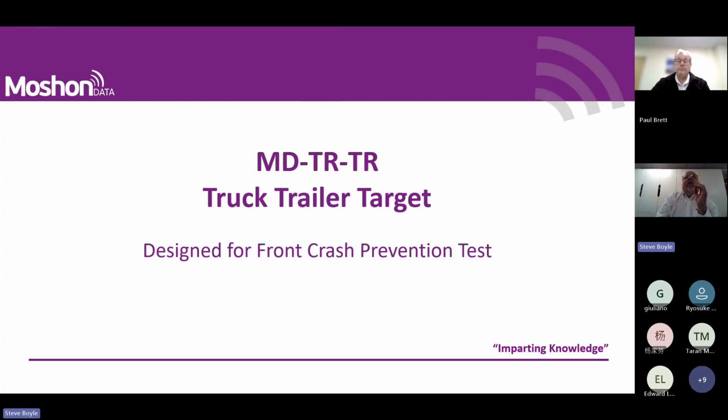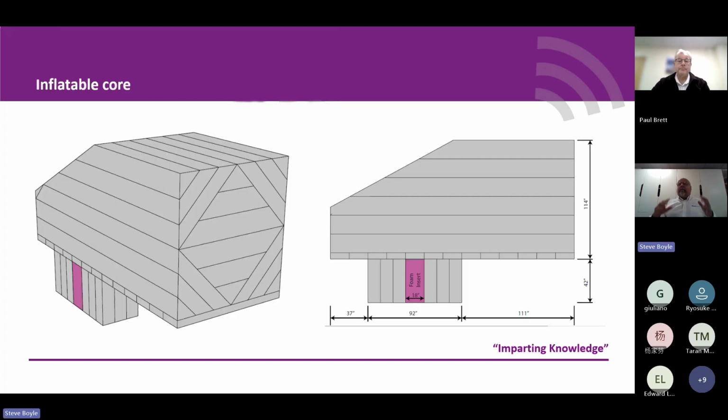So we thought the concept would be to have an inflatable part and a foam part to create the signature, because the bulk of a trailer is empty. The top half of it is purely there for vision and size.